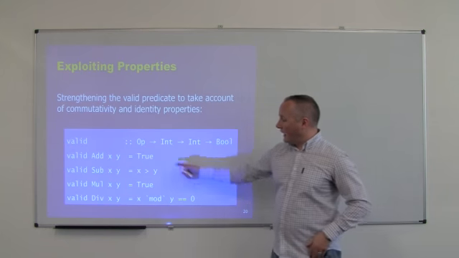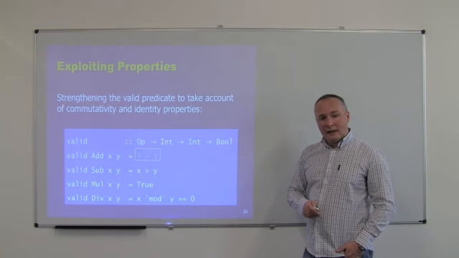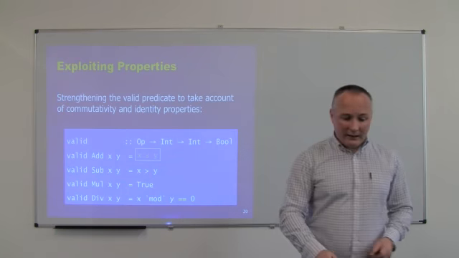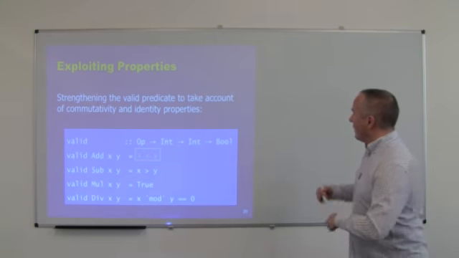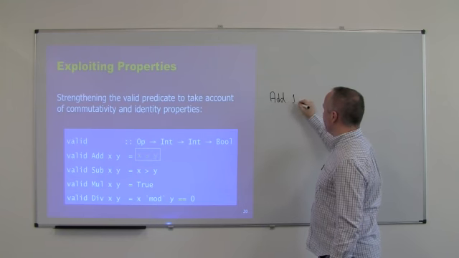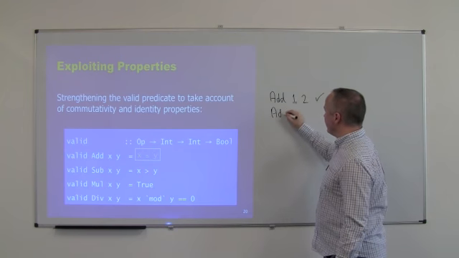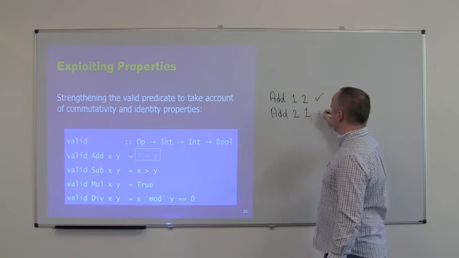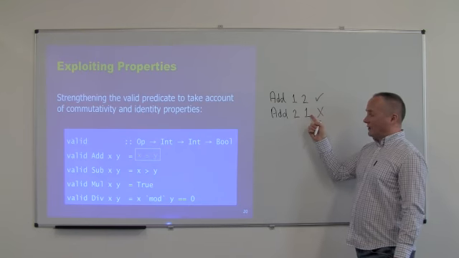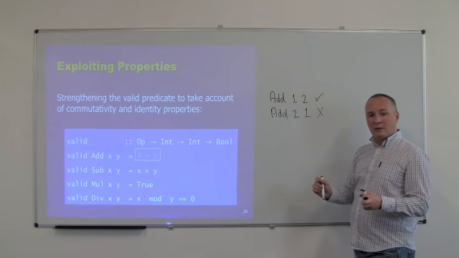Rather than saying that addition is always valid, what I'm going to say is addition is only valid if the first thing is less than or equal to the second thing. And the reason for this is I want to accept expressions like add 1, 2, that's going to be okay, but I want to reject this one, because if I generate add 1, 2, I know I'm also going to generate add 2, 1 because I'm considering all possible rearrangings of the numbers which I'm given.